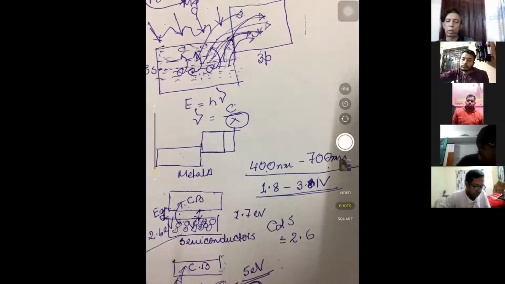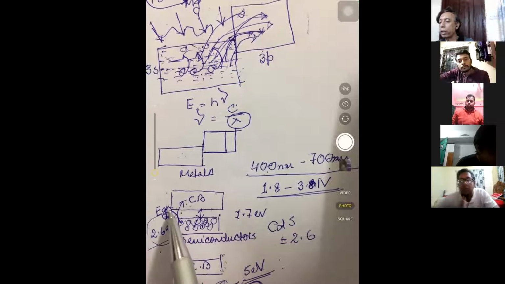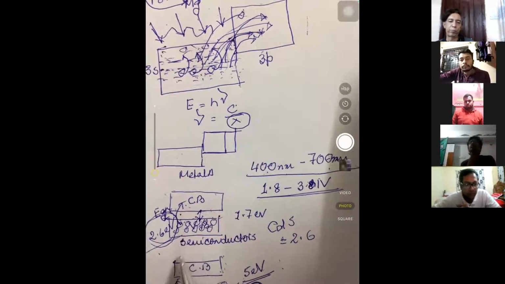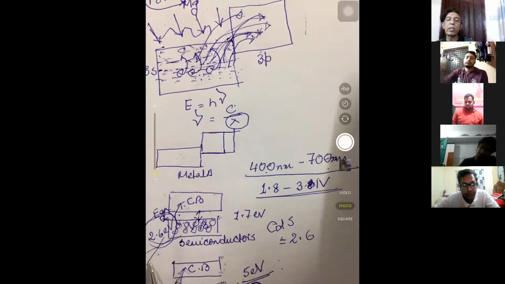The waves which have energy greater than 2.6 electron volt will be absorbed by the electrons, and the waves which have energy less than 2.6 electron volt will not be absorbed by these electrons.